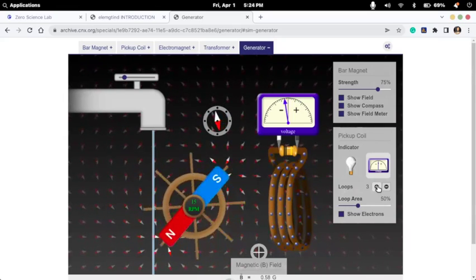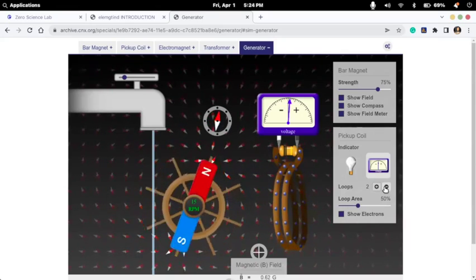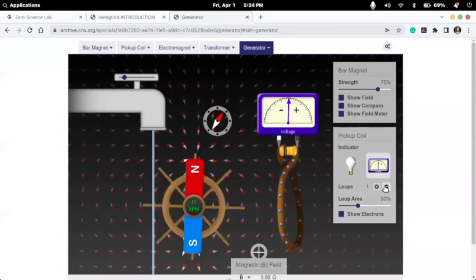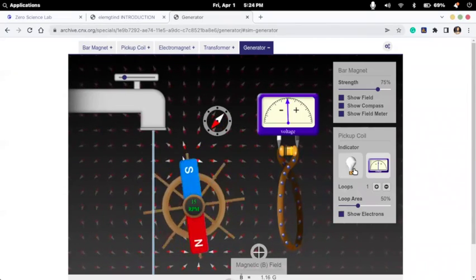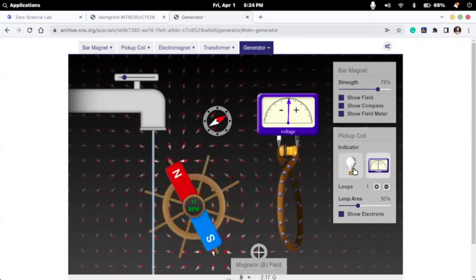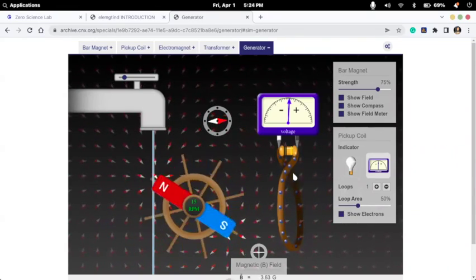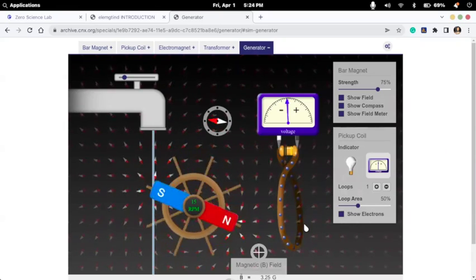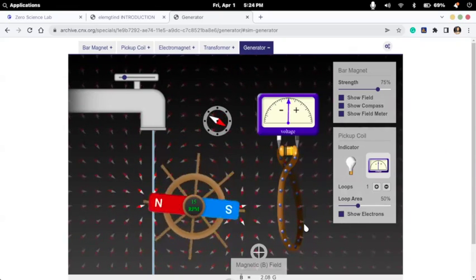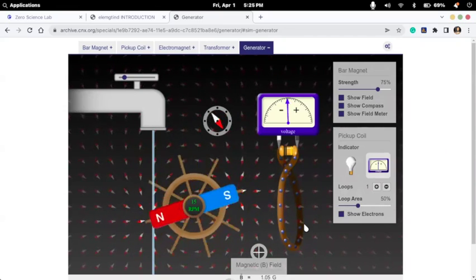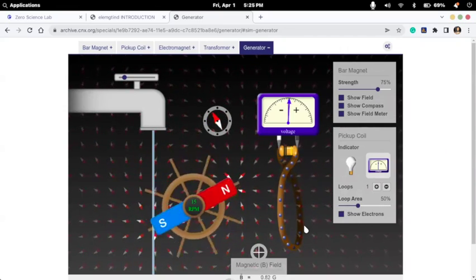Okay, still? Now the deflection is very less, right? Yes, sir. So what does it indicate? The number of loops or number of turns in the coil is also very important. Yes, sir. If I have 100 loops in that coil, current will be still larger, right?